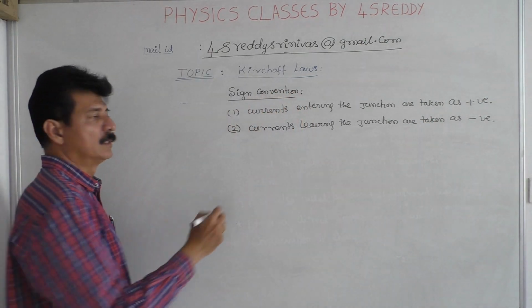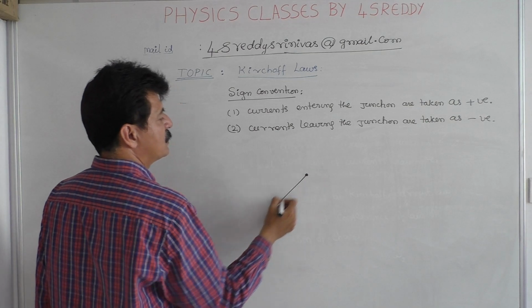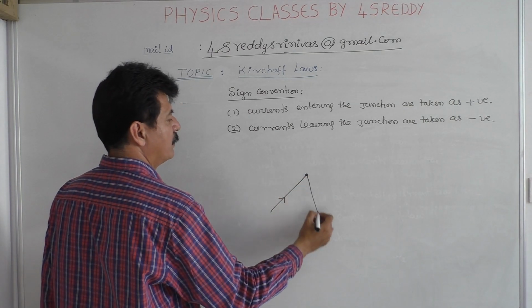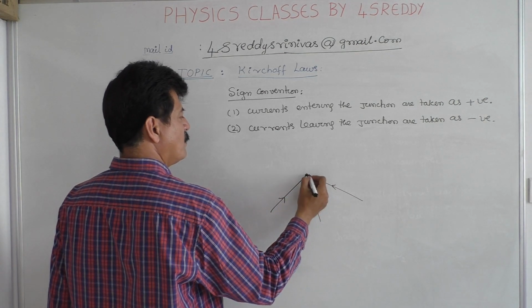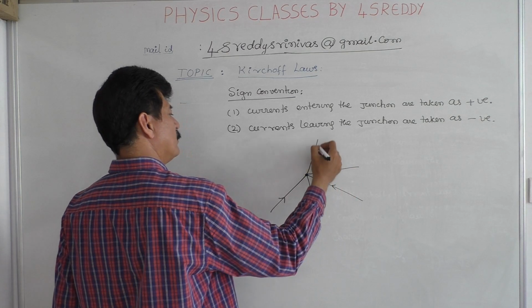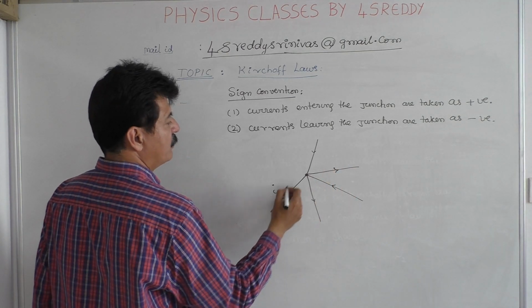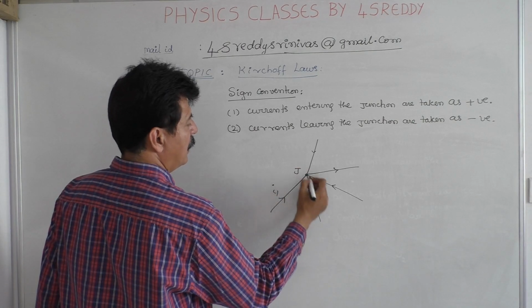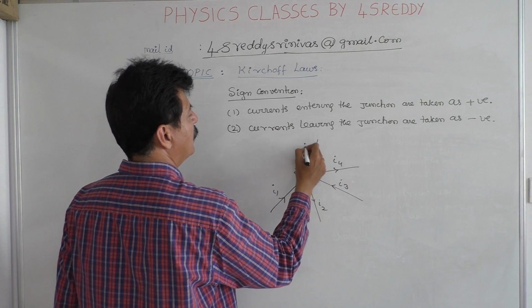Suppose this is a junction J and the currents are entering and leaving at different paths, like this. Suppose this is I1, this is the junction J, and there are I1, I2, I3, I4 and I5.